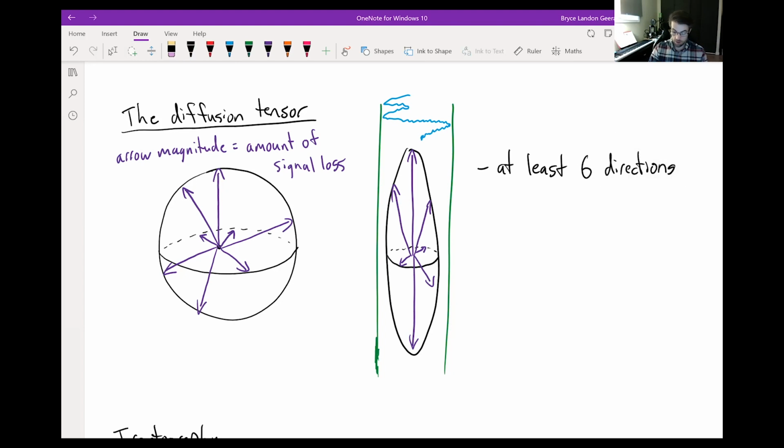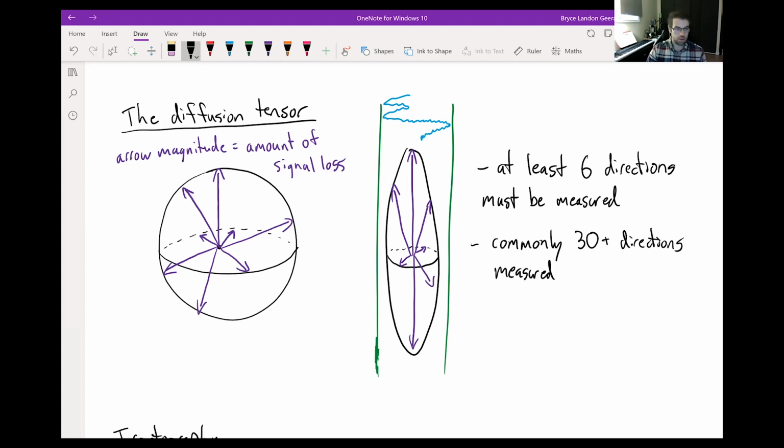So at least 6 directions must be measured to construct the tensor. But commonly, there are about 30 directions of diffusion that we measure. And that's to increase the accuracy of the tensor that we are reconstructing.